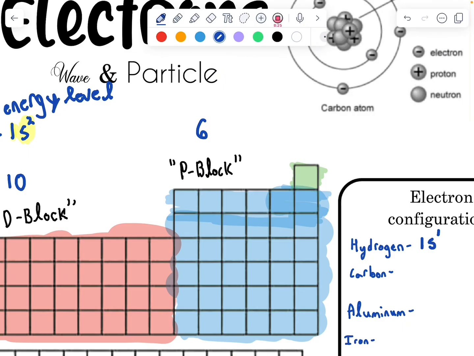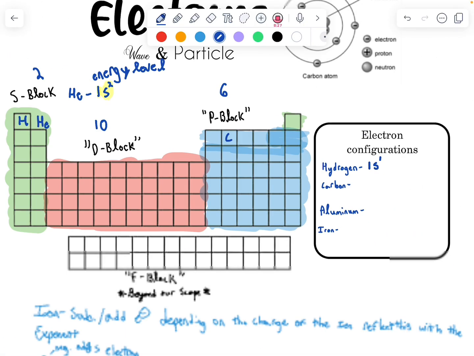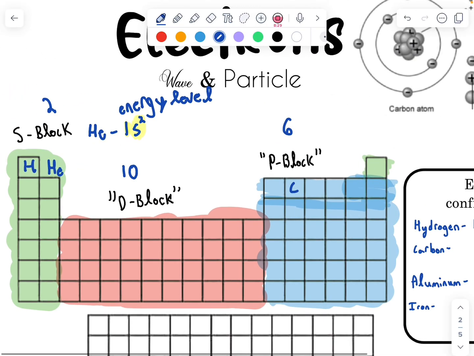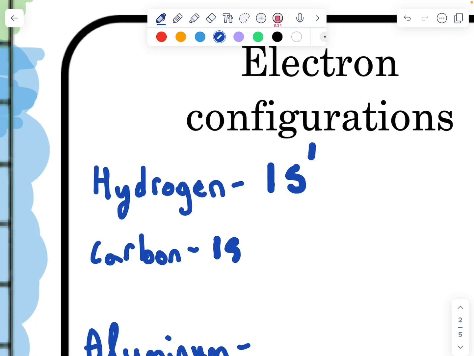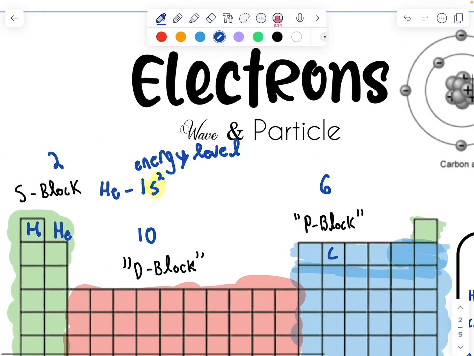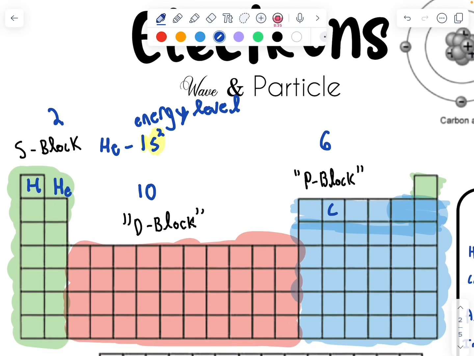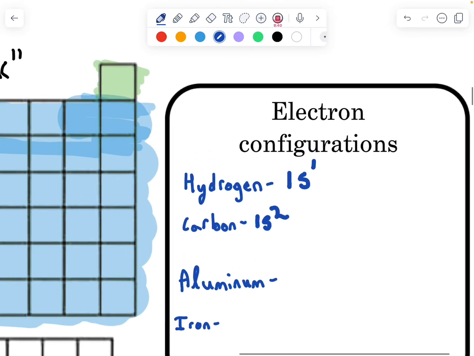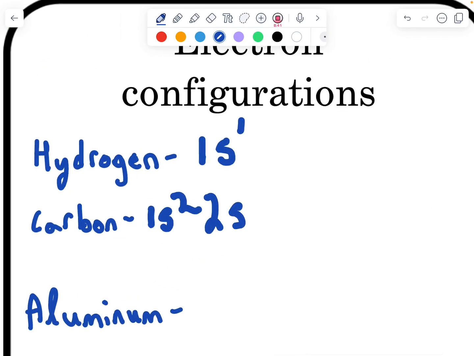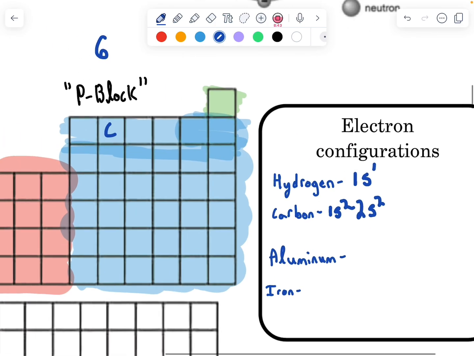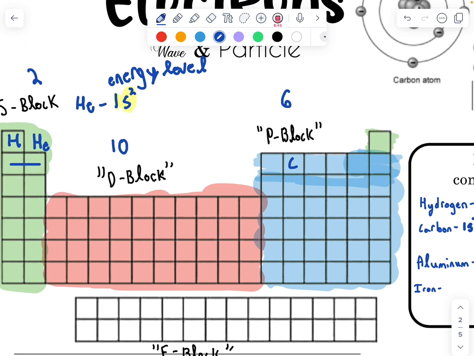We're going to say, okay, we have 1s2 because we filled this period completely, and then we have 2s2 because we filled this guy completely, and we got to keep going. So then we have 2s2, and now we're in the second period, so we're using 2. Then we're going to skip the D block because until we get to the 4th energy level, we don't go into the D block.